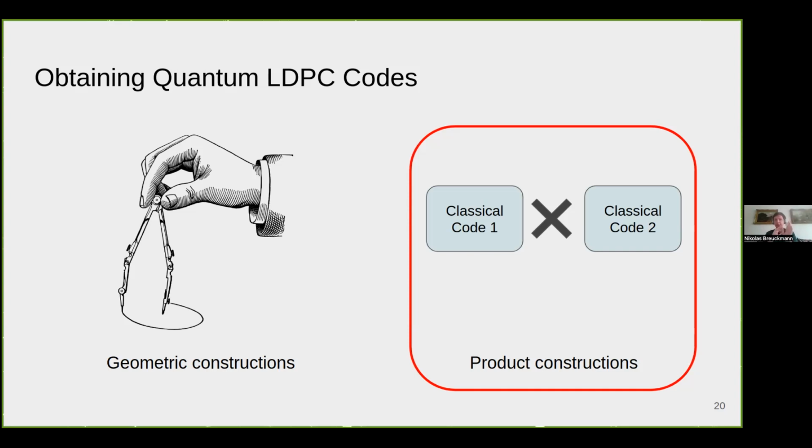I could still define a tessellation, but then, to obtain a finite code, I would first compactify this, finding a finite surface which is tessellated in this way. But then the end result would not be LDPC anymore, because the check weight would automatically grow with the size of the surface. So that's one reason why you wouldn't want to pursue this.